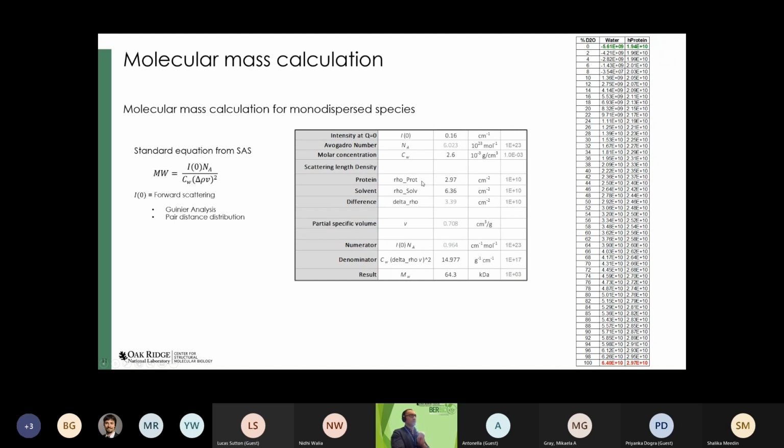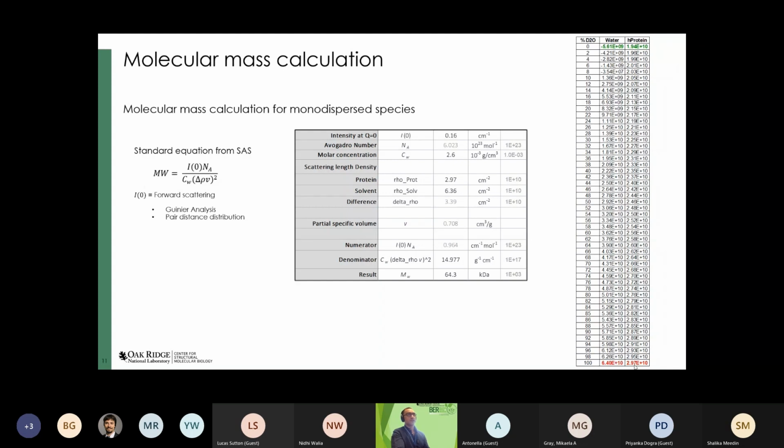So let's assume I'm in 100% D2O, so my scattering length density of the solvent is 6.36. But if you want to know the scattering length density of our protein in 100% D2O, I pasted this table here, which gives you the percentage of D2O and the scattering length density of a mixture of, in this case, water: you have a mixture of D2O and H2O, and you see how the scattering density changes.